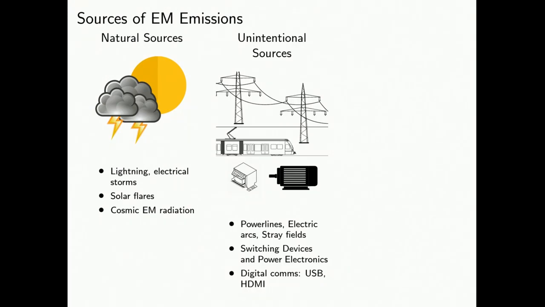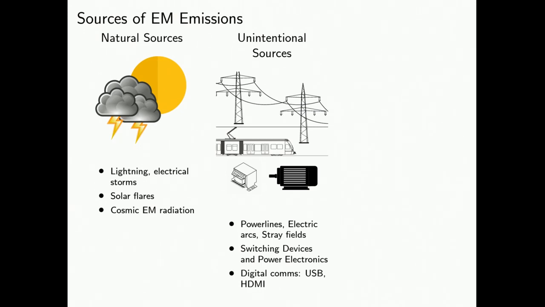The other sources of electromagnetic energy can be classified as human sources, or anthropogenic. And these consist of 2 categories. One are unintentional sources of electromagnetic energy, which means that these are systems or components which are not intended to radiate or emit electromagnetic energy, but they do. One very common example is power lines.